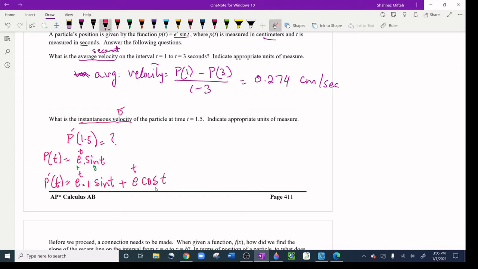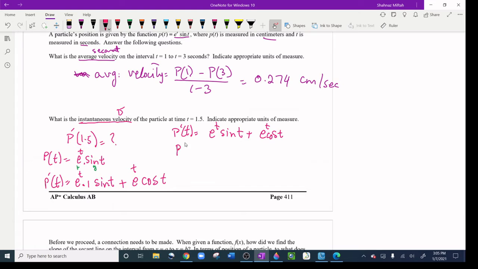You know that's a chain rule, but since the derivative of t is 1, it doesn't change. So this is what I got for p prime t. Now I'm going to fix it around: p prime t equals e to the t sine t plus e to the t cosine t.